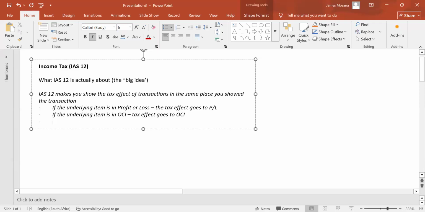In the third place, if the underlying item is recorded in equity, this definitely means that the tax effect goes to equity.